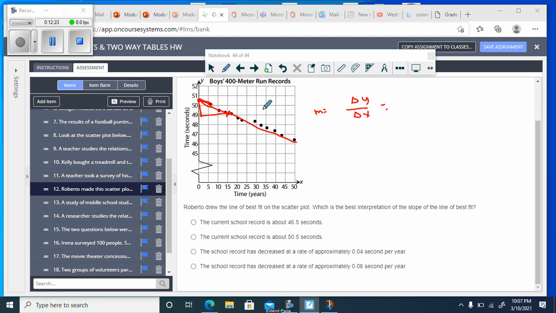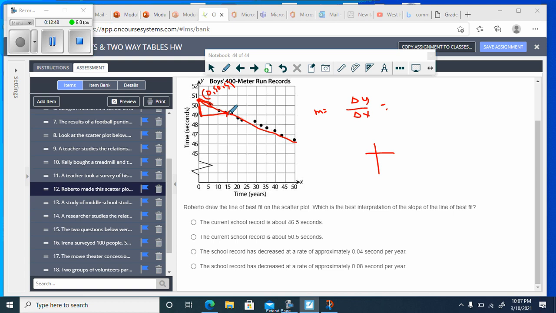All right. Change in y, let's see if we can find a point that's better. What if we took this point, well, no, this is about 50.5 down to 49. This point here would be at about 0, 50.5.